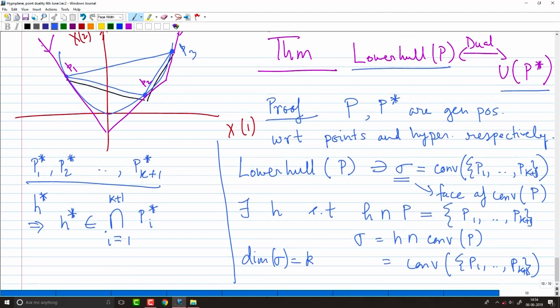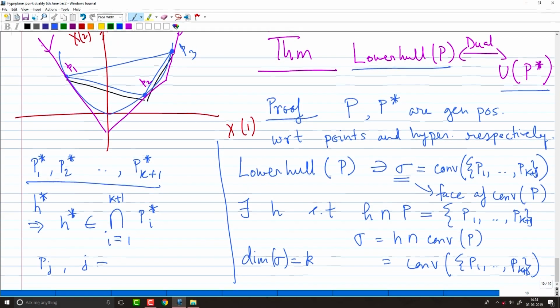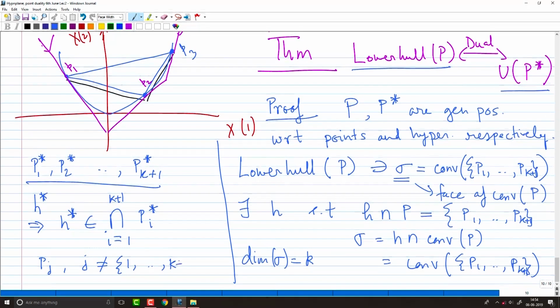Okay. So now let us take another point Pj, where j is not equal to one of these k plus 1 points. Any question? Okay, let us go to the next page.